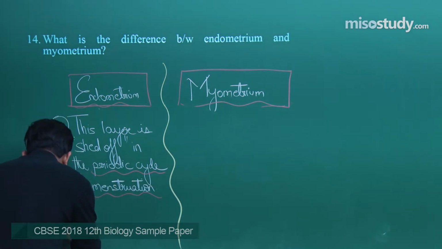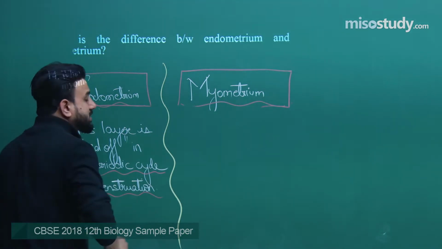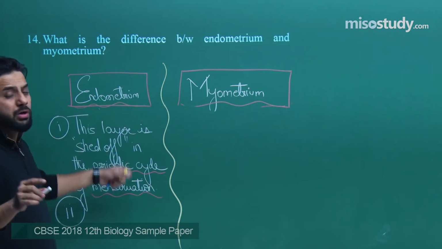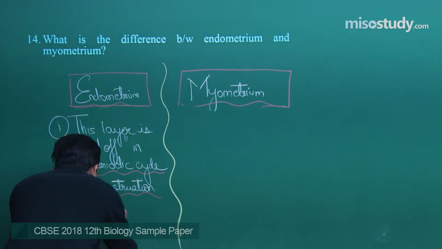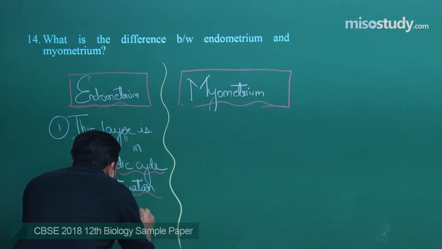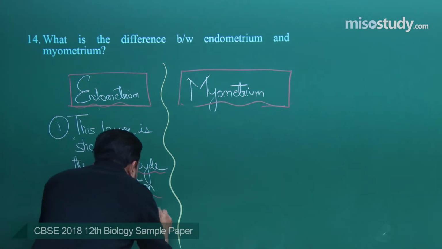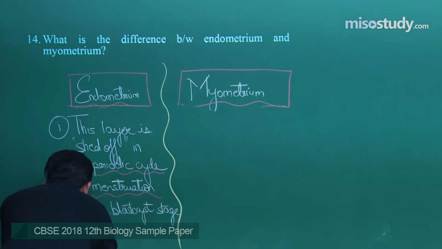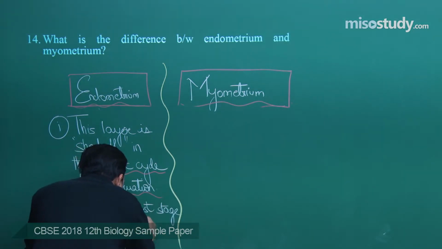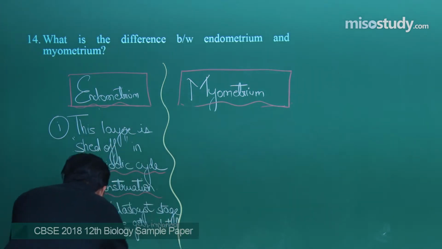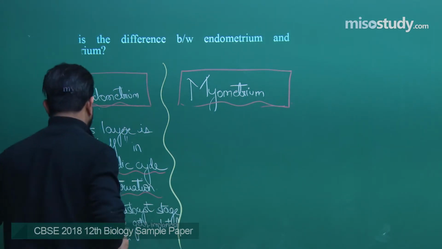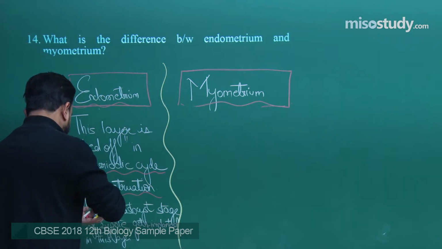And also we see the next point, that this layer houses the blastocyst stage of the zygote. The blastocyst stage of zygote gets implanted in this layer. Very, very important.